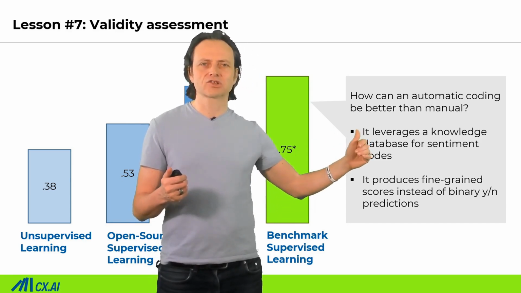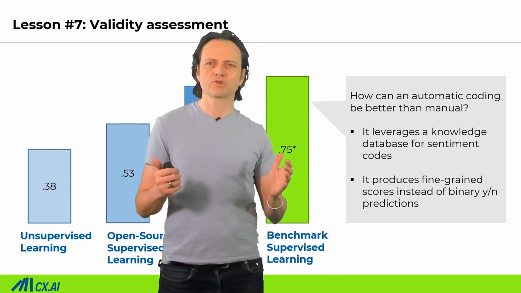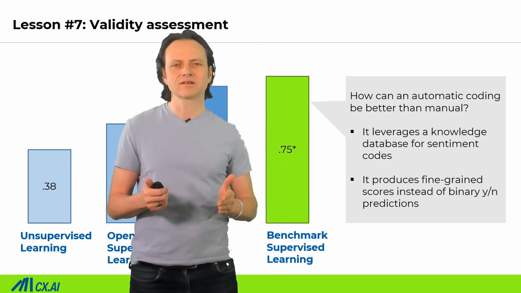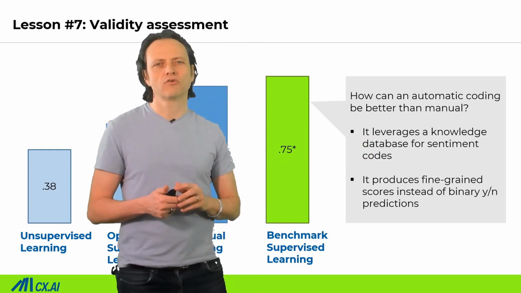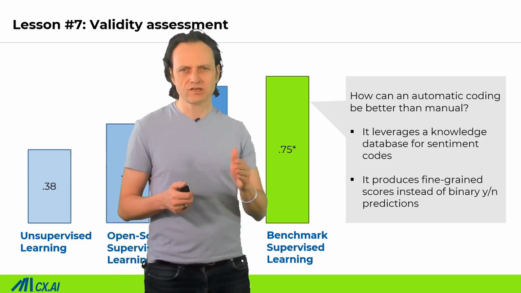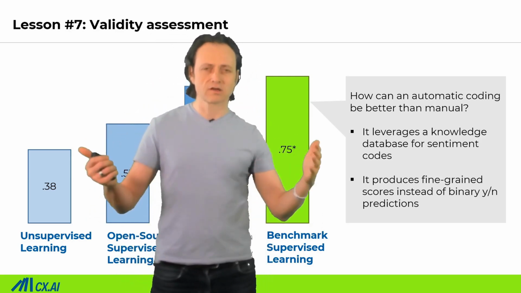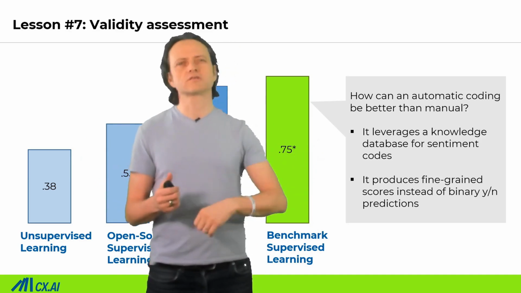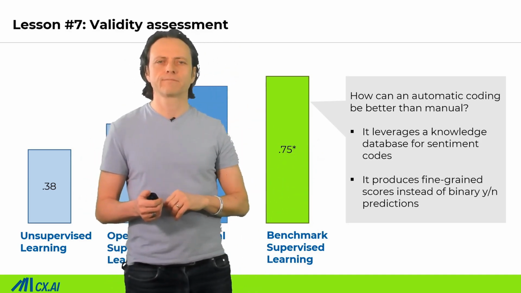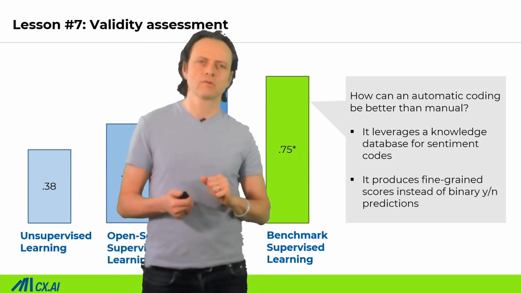Then actually the sentiment of the machine is better than the sentiment of a human. Sentiment means this kind of column where the coder says, oh, this is very emotional, or this is not very emotional.